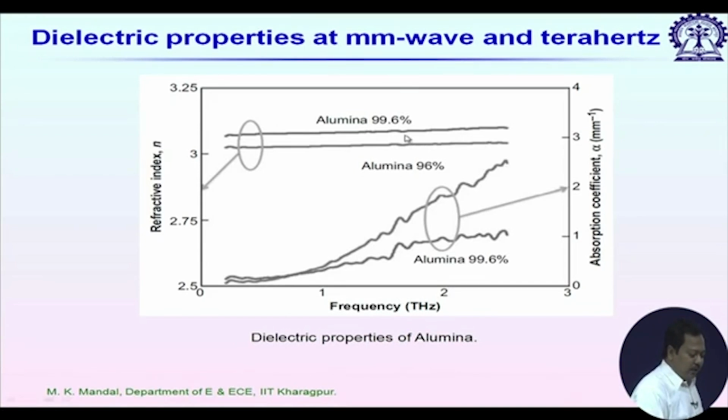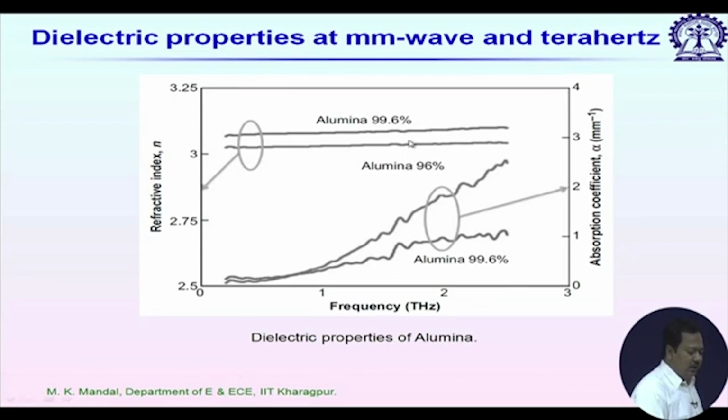Here they are comparing two values: for case 1, it is almost very pure alumina, 99.6% alumina, and the second one is 96% alumina.